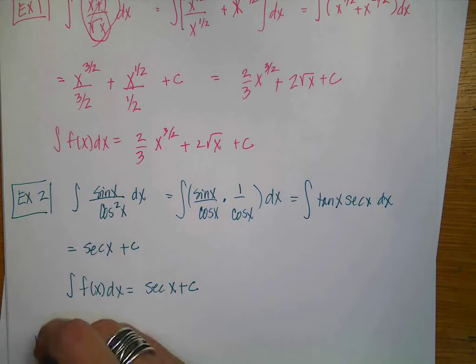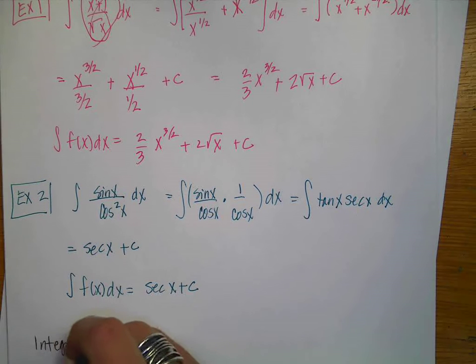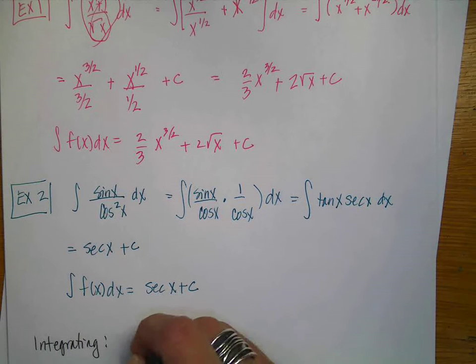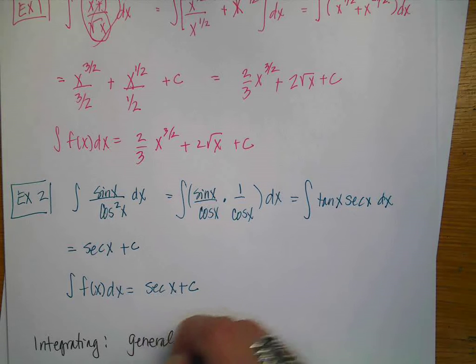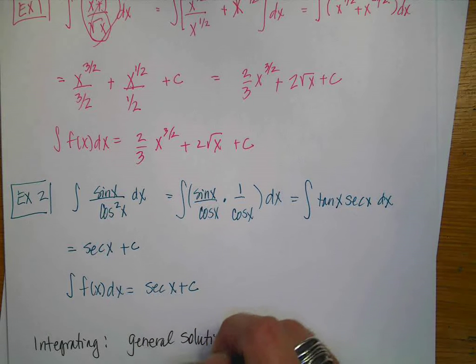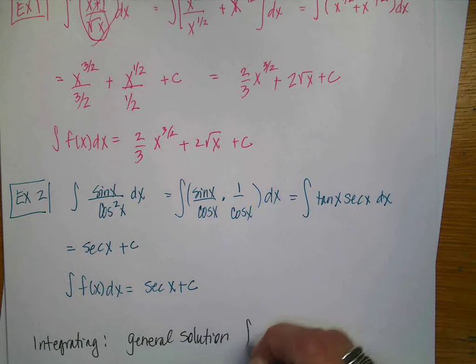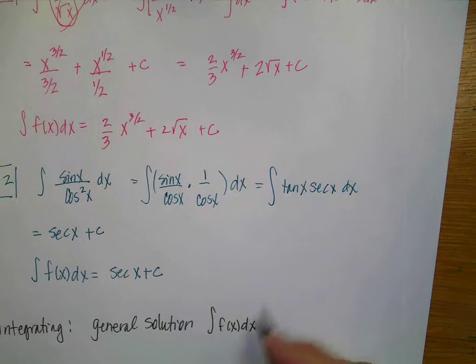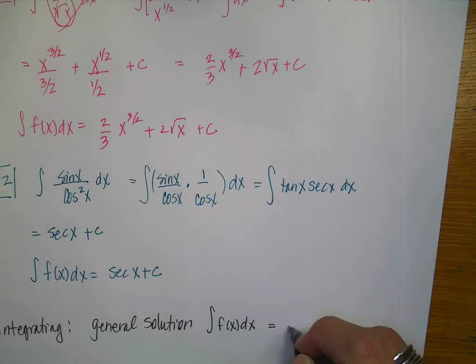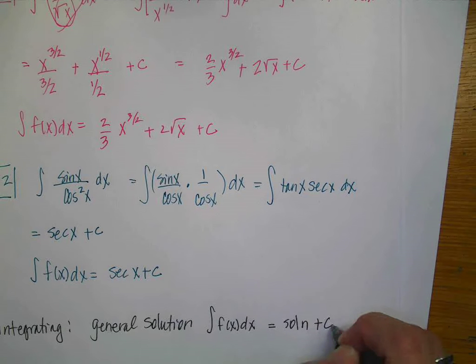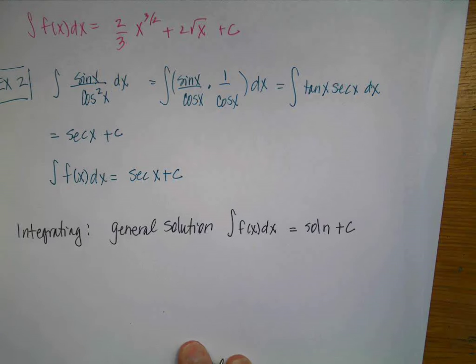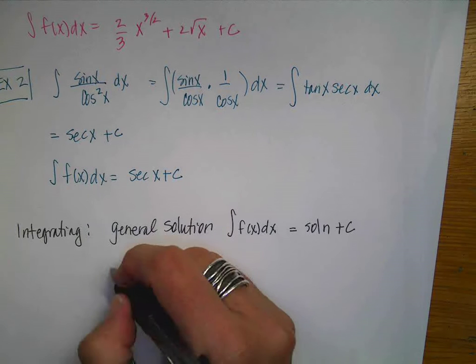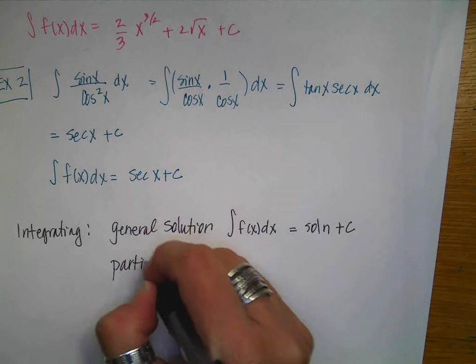Remember when we are integrating, I can have a general solution, which means that if I do the integral of f of x dx, then I'm going to get my solution plus c, and that means that those are those vertical translations giving you that family of values.